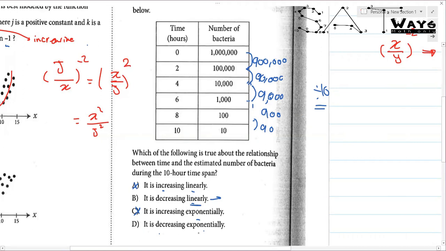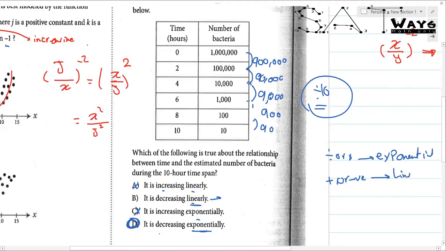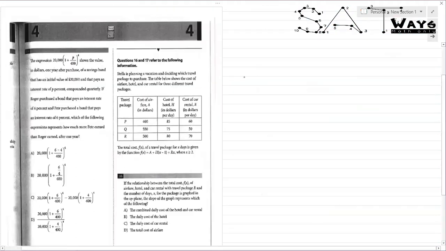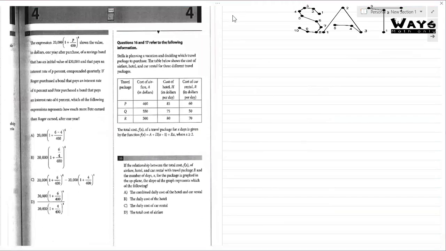So the answer will be decreasing exponentially because it's dividing by the same number. Divide or multiply means it's exponential, but plus and minus means that it is linear. So here it's a division, so it's decreasing exponentially. Okay. Later on, number 16. Okay. Here we go.